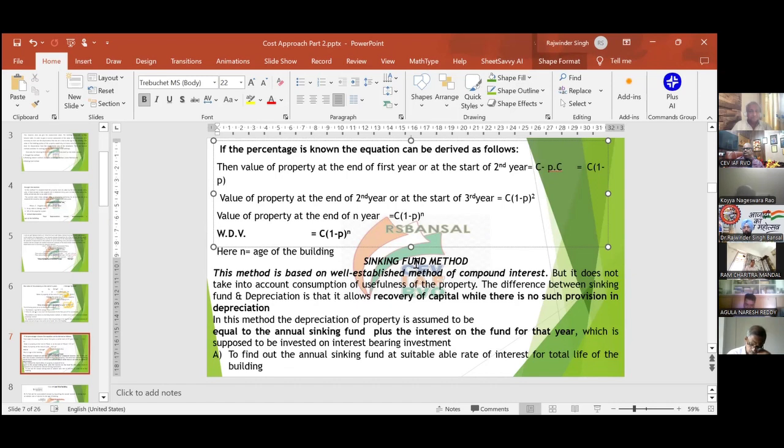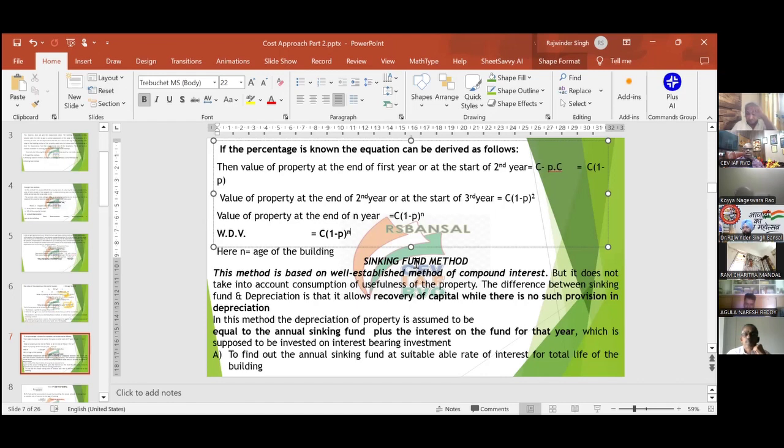You have done two formulas in the very first lecture: I_C and S. What is I_C? I_C is the sinking fund coefficient.